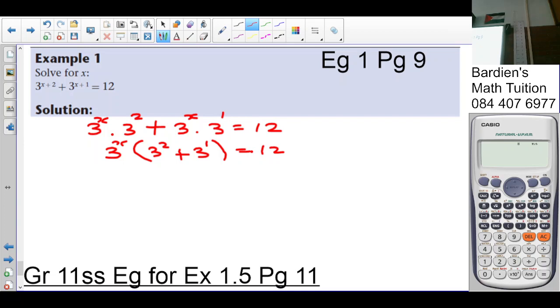You all agree with that? So what can be done now? You can simplify the bracket, yes? So 3 squared is 9, and 9 plus 3 is 12. So to get the variable 3 to the x standing on its own, I must divide both sides by 12.